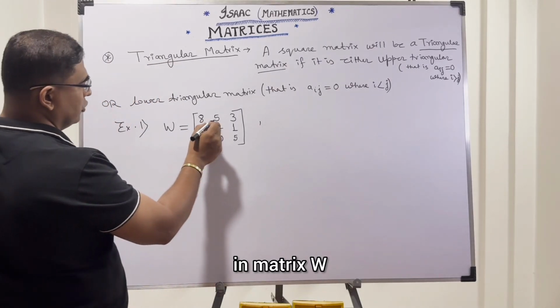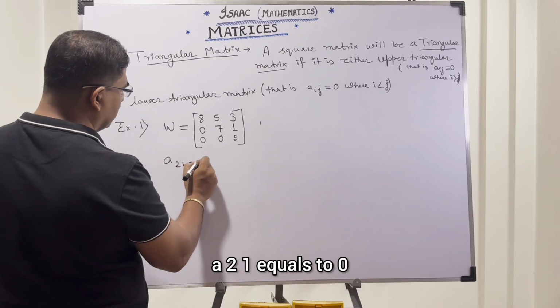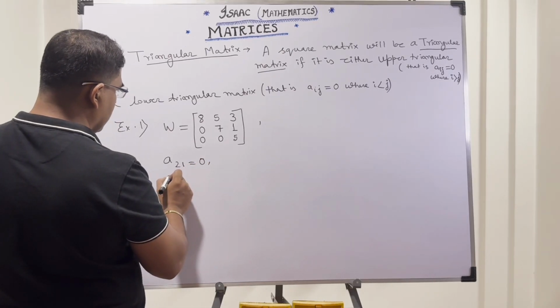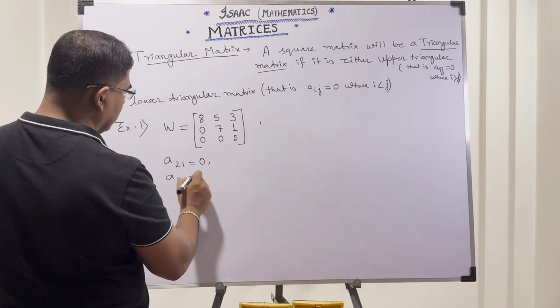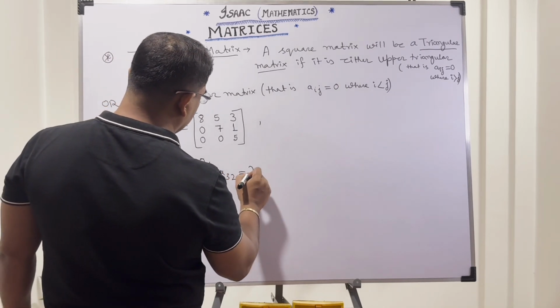In matrix W, A21 equals 0, A31 equals 0, A32 equals 0.